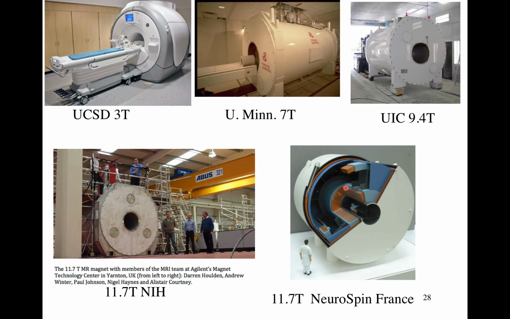And absolutely spectacular pictures come out of these machines. These are images of the brain, same slice through the brain, just changing the timing of how the signal was elicited from the patient, right?